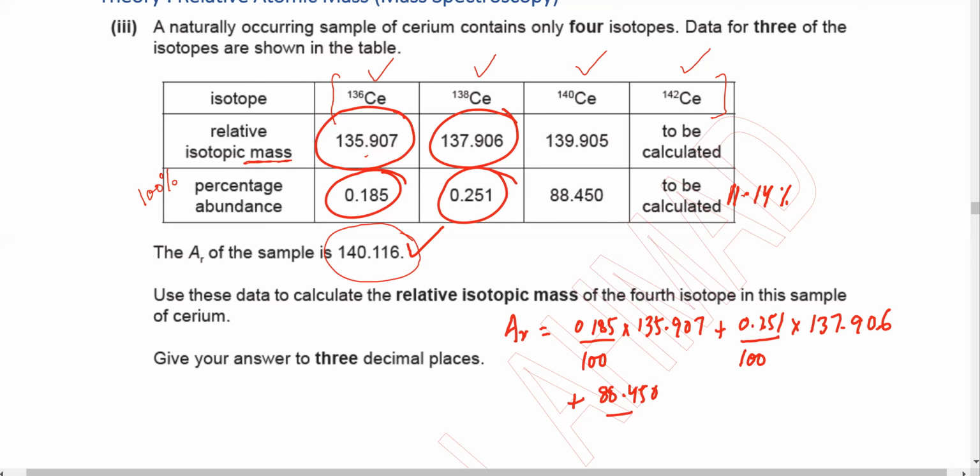Then I have 88.450 divided by 100 and then multiplied by 139.905.